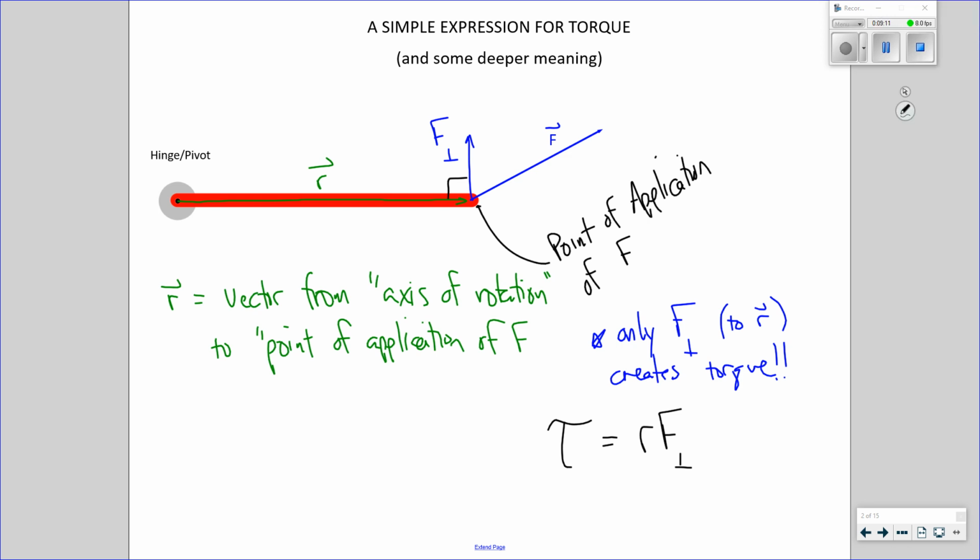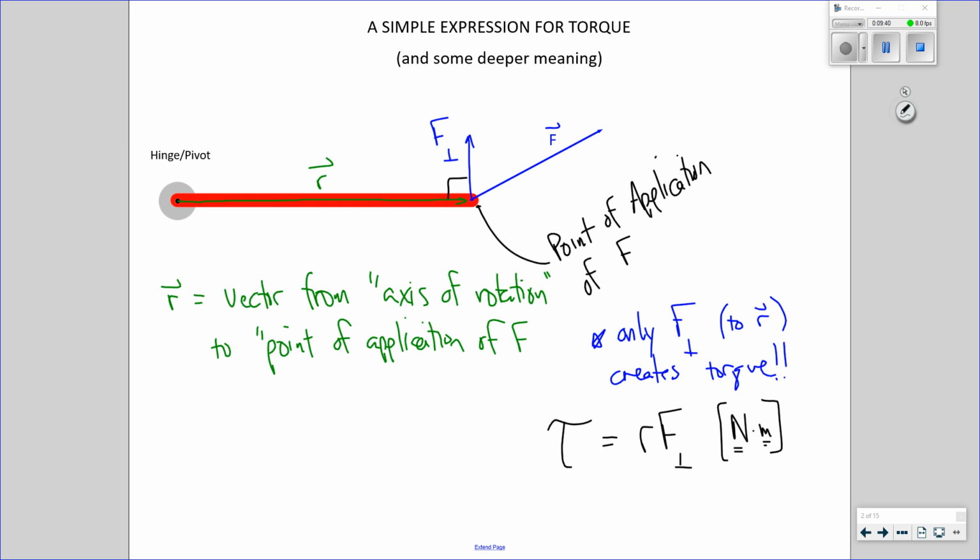So r is a number of meters. F perp is a number of newtons. This is going to be measured in newton meters. You hear truck ads, this is 900 foot-pounds of torque, which is distance times force. We'll measure our torques in newton meters.